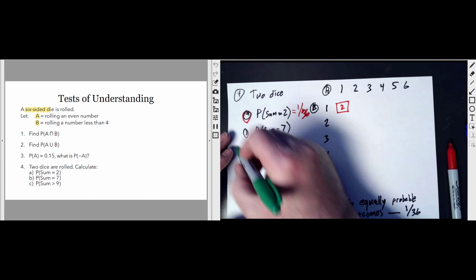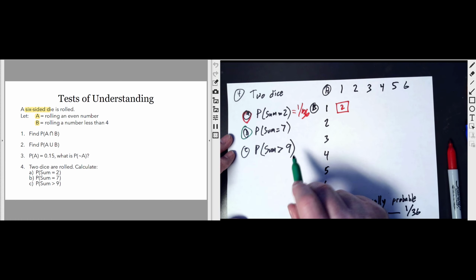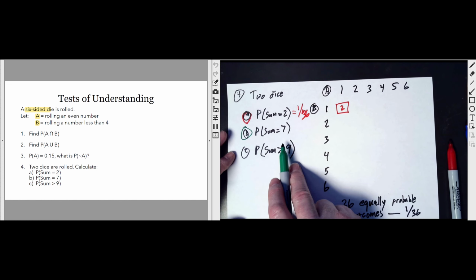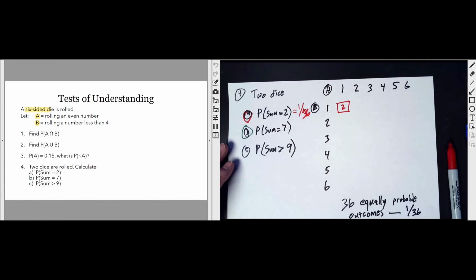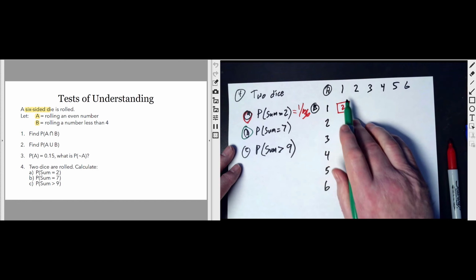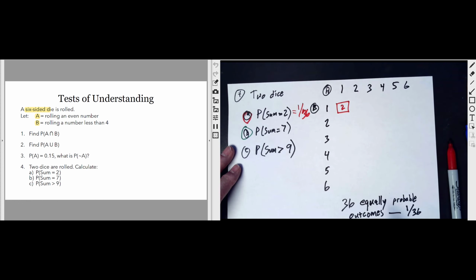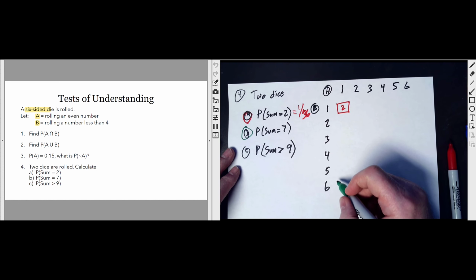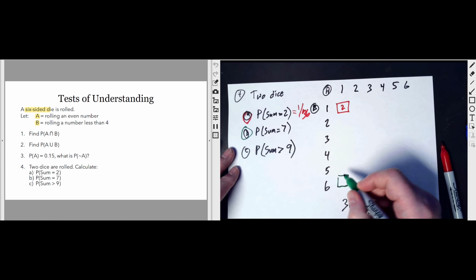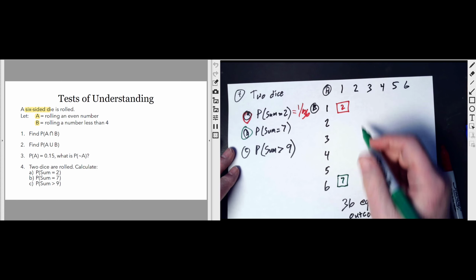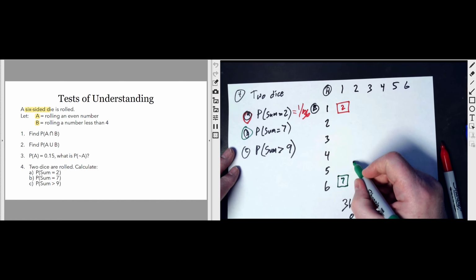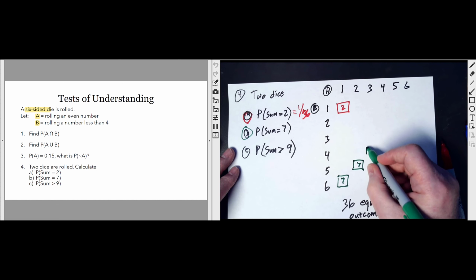All right, now let's look at B here. The probability that the sum is 7. Well, here, again, we could fill in the whole table and identify the outcomes where the sum is 7, but we can do that a little more easily, I think. If A is a 1, then B has to be a 6 in order for the sum to be a 7. If A is a 2, B has to be a 5. If A is a 3, B has to be a 4.